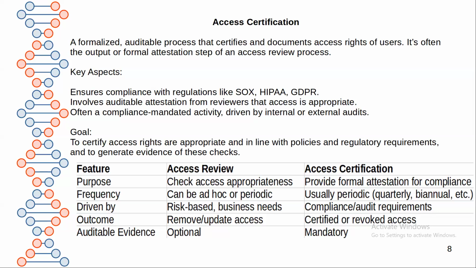Access reviews could be optional. I'm not saying it is optional, I'm saying it could be optional. But access certification has to be mandatory as far as your IGA tools are concerned.